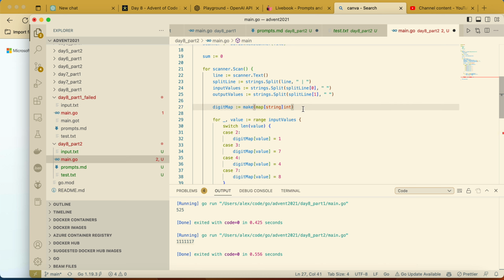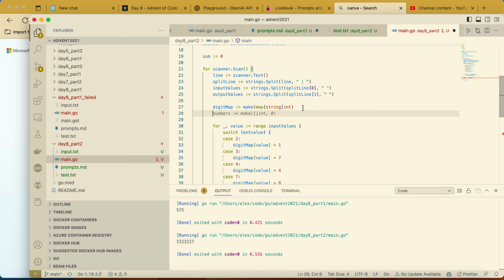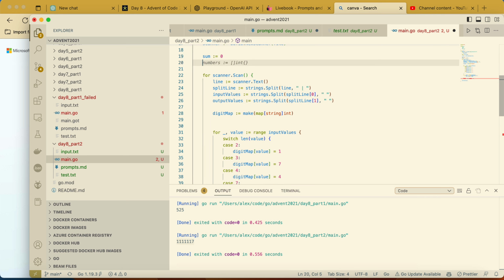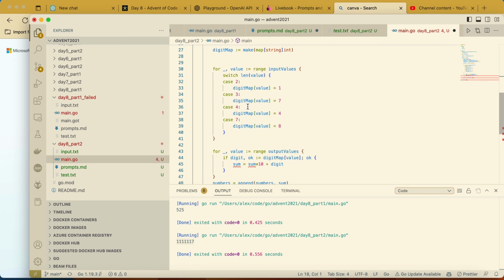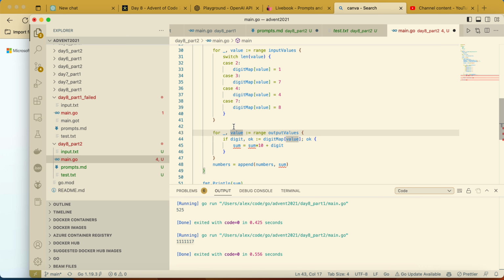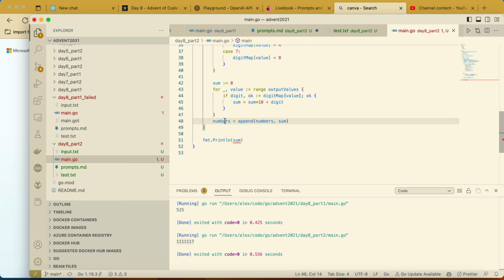And I really like this approach. Numbers, yeah, we have simply an empty array, and here we start every time with 0 and so on.